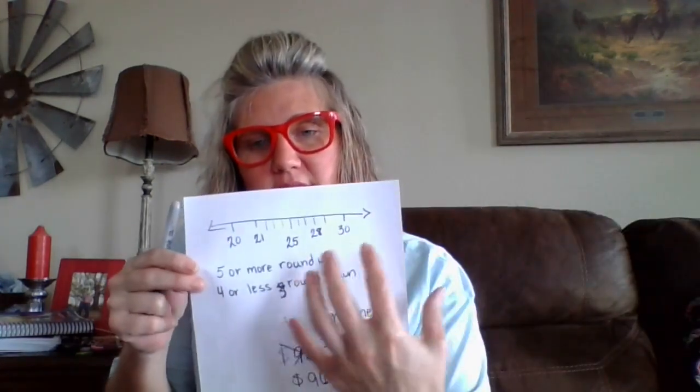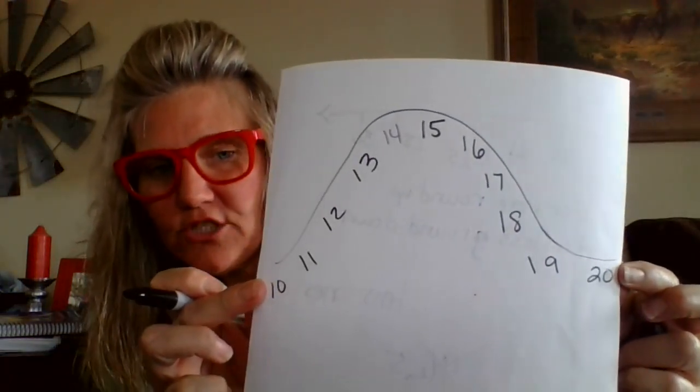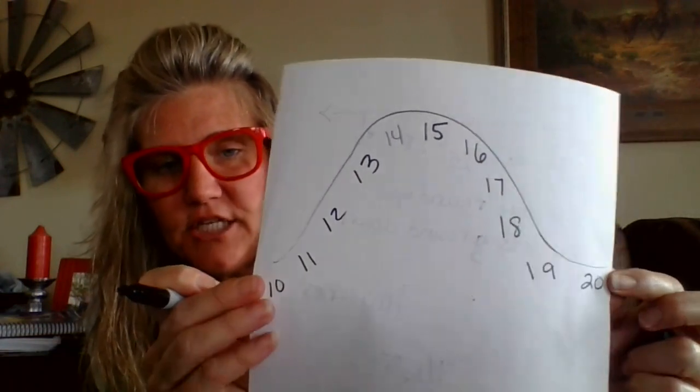And they do the heel using 10 at the bottom, 11, 12, 13, 14, 15 at the top of the heel, and then you start going down 16, 17, 18, 19, and then 20. So they kind of do it like that. And it's pretty much what I had explained to you.